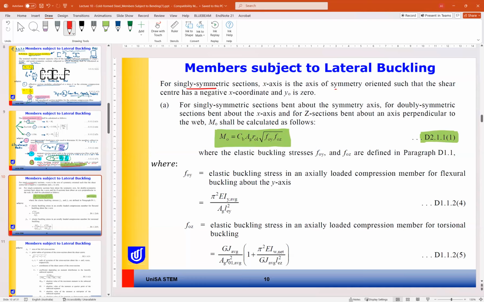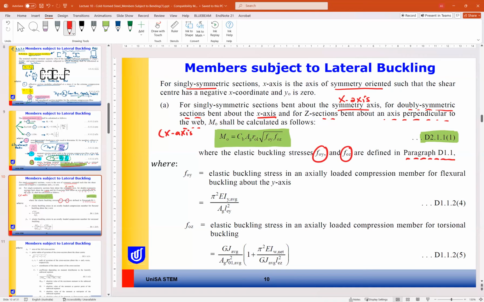So again, we are looking at a single symmetric section, where the x axis is the axis of symmetry. Okay, so for a single symmetric section bent about the symmetry axis, or x axis in our case, and for a doubly symmetric section bent about the x axis, and for a Z section bent about the axis perpendicular to the web, or x axis again, MO is using this formula, where the elastic buckling stresses FOY and FOZ are defined in paragraph D1.1.